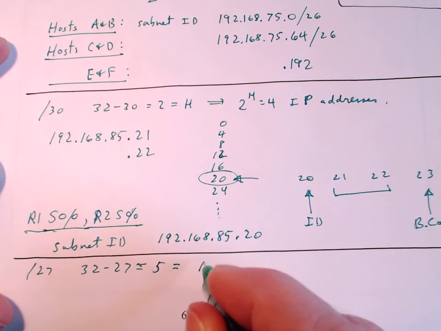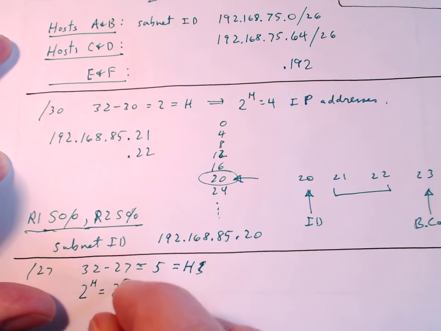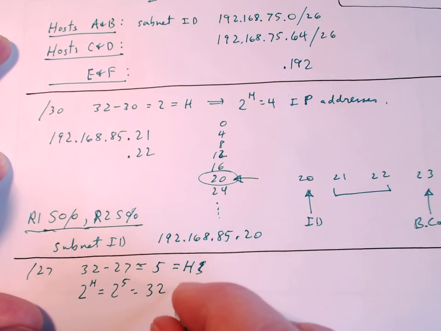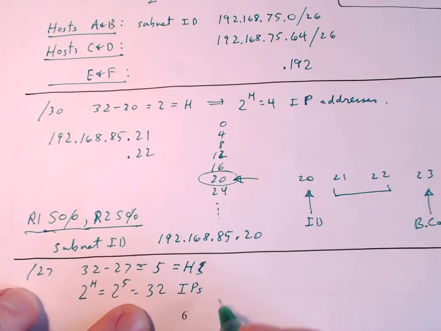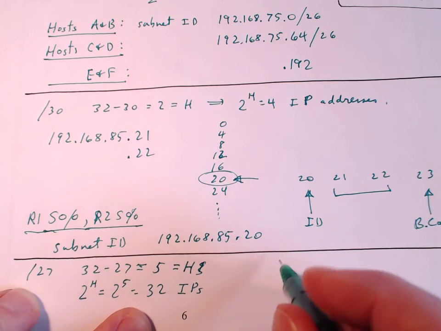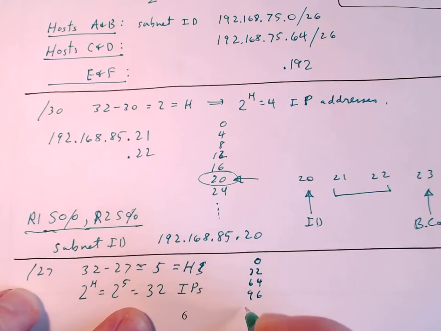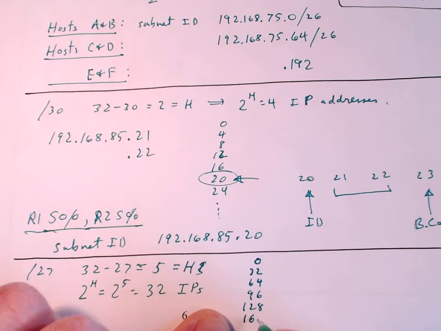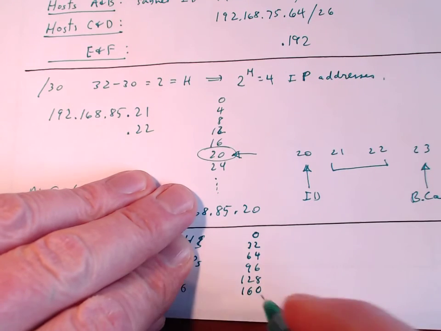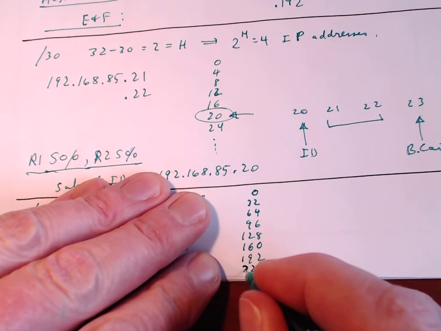So H is 5, and we have 2 to the H, which is 2 to the 5th, or 32 IP addresses in these subnets. And so they start with values in the 4th octet of 0, 32, 64, 96, 128, 160, 192, or 224. These are numbers that should be familiar to you from subnetting.